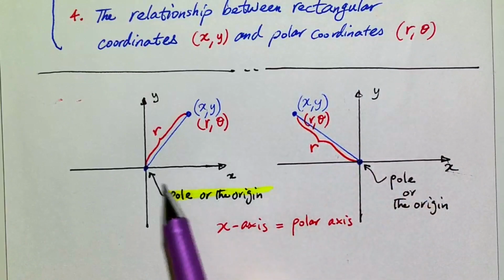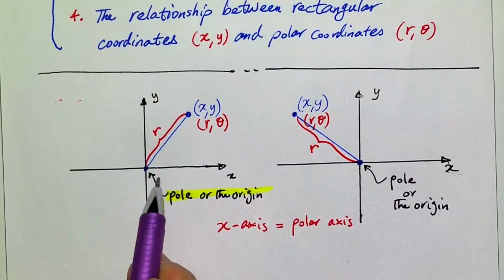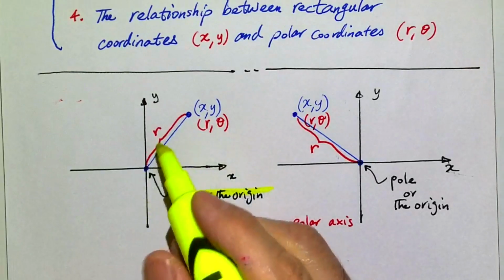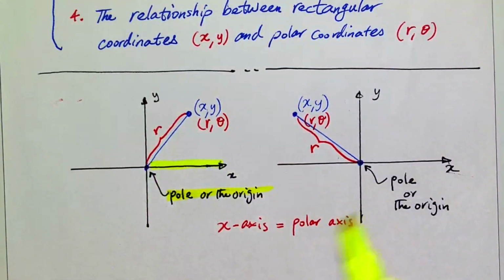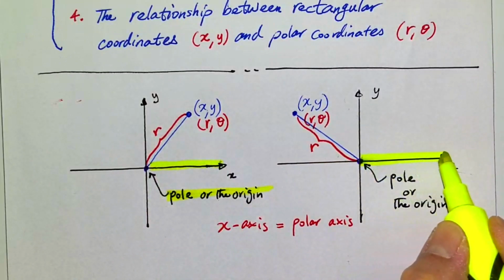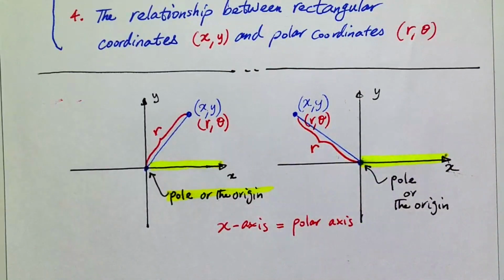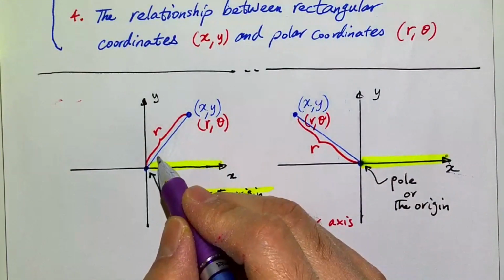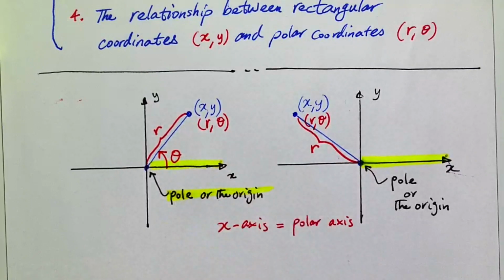All right. And then theta represents the angle from the positive side of the x-axis, not anywhere along the x-axis, but from the positive side of the x-axis to the terminal side of the angle that we're looking for. So this would be here. That represents theta.